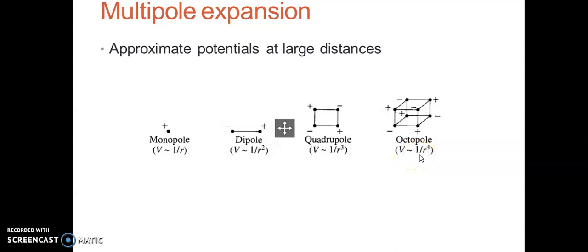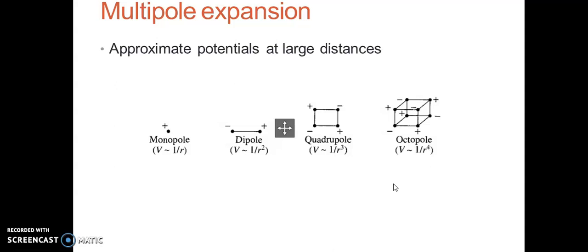Suppose we have an arbitrary charge configuration. It contains many charges, and therefore we can have an expansion for the potential of an arbitrary localized charge distribution in powers of 1 over R. In this module we discuss the expansion of the potential of an arbitrary localized charge distribution in powers of 1 over R. This method is generally known as the multipole expansion.